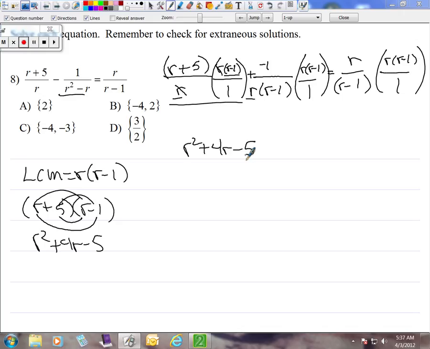Now this one's nice because the r's and the r minus 1's both cancel, leaving me minus 1 equals, and we have r minus 1 and r minus 1, but we do have an r times an r here, which is r squared.